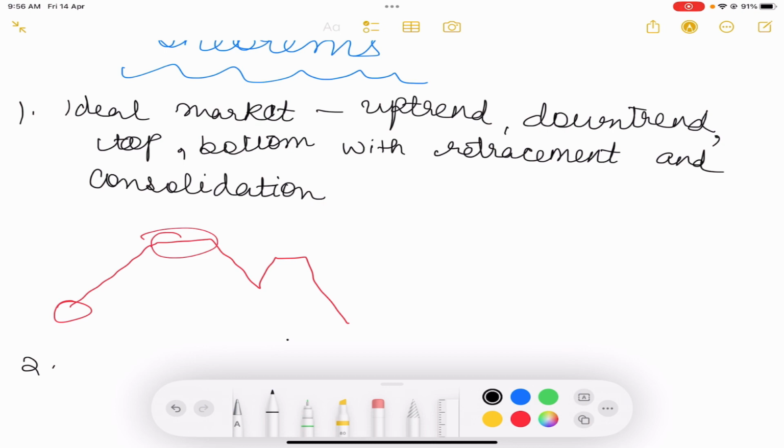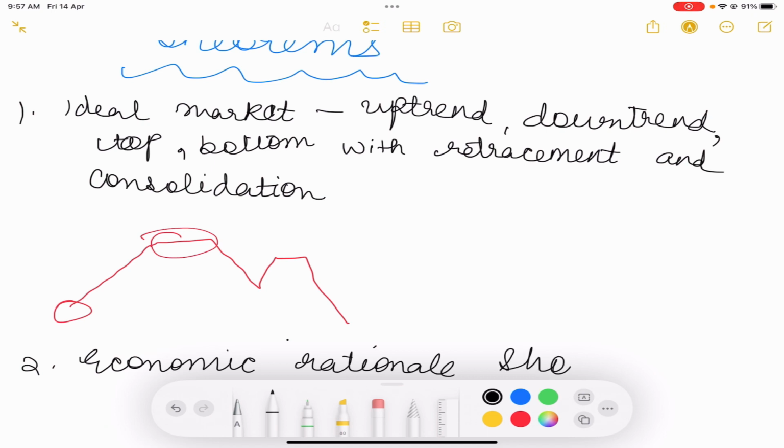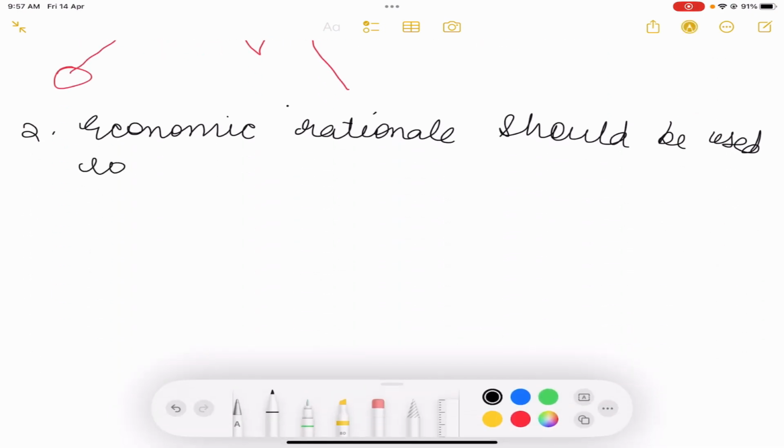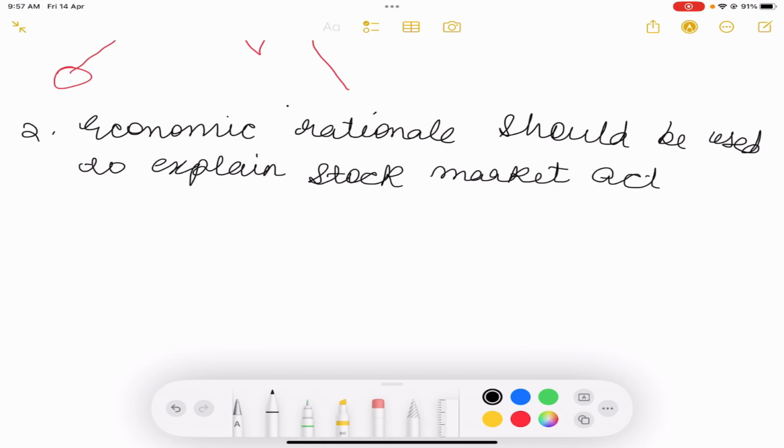The second theorem is that economic rationale should be used to explain stock market action. Okay, this is my second theorem.